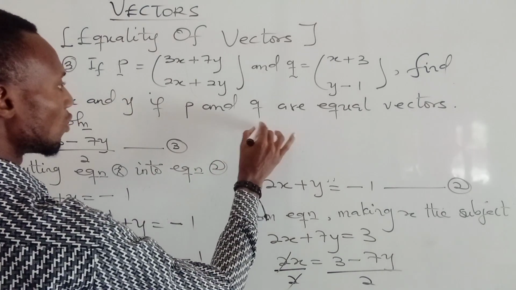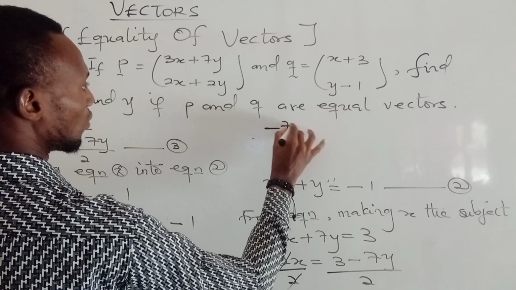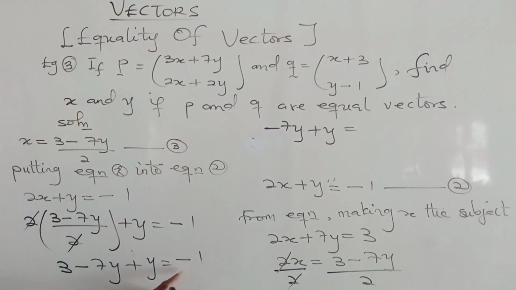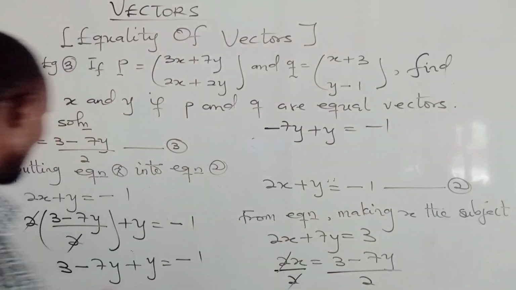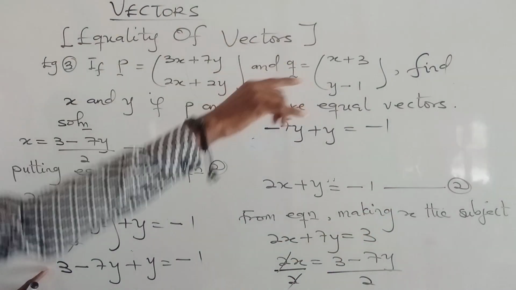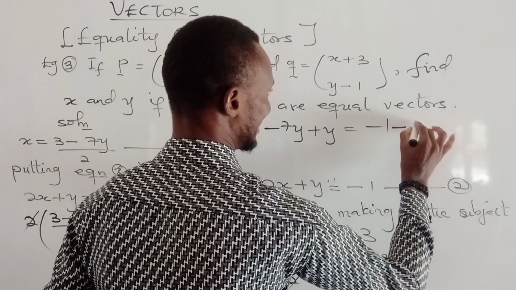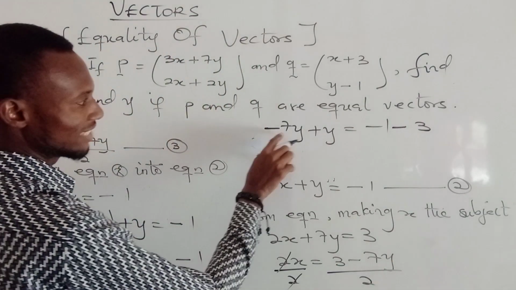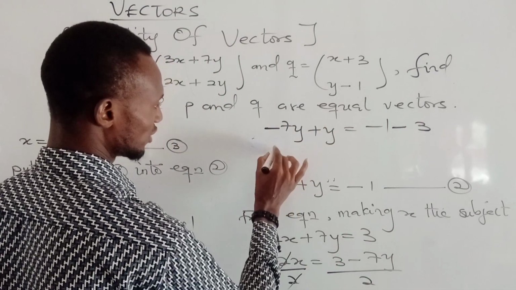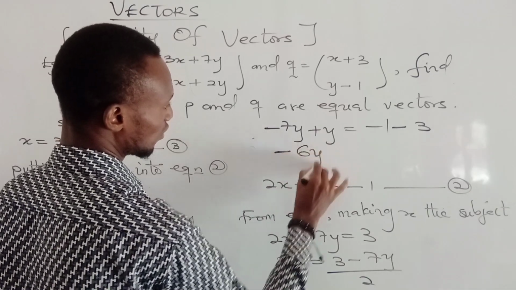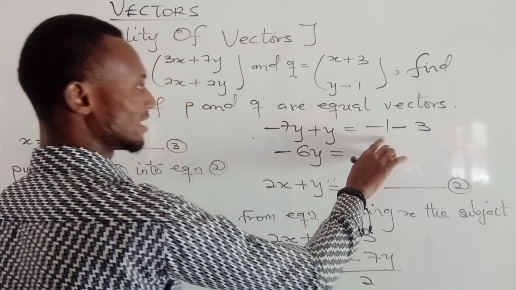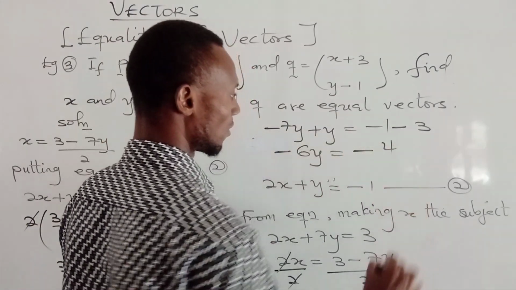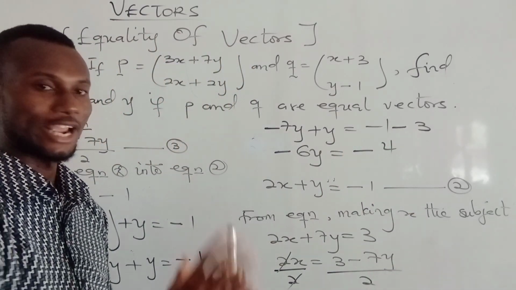So I will have my -7Y plus Y equals to my -1 is there. Then I'll let this +3 cross the equal sign to go and join it, so it becomes -3. I hope you understand up to this point. Now negative 7Y plus Y is going to give negative 6Y equals to negative 1 minus 3 is going to give negative 4. I hope you understand and you agree with me.